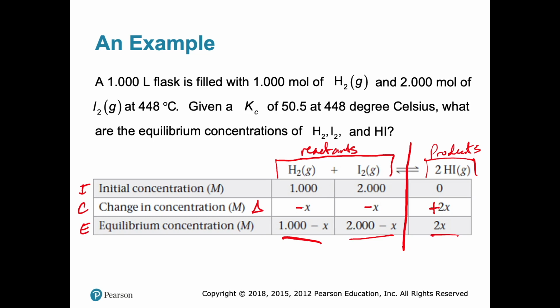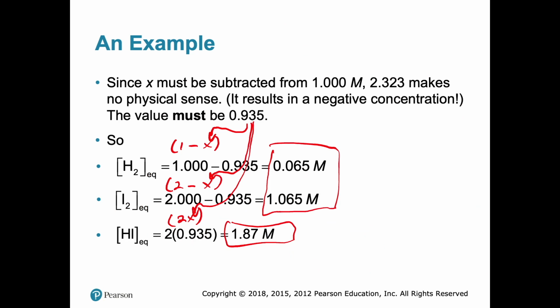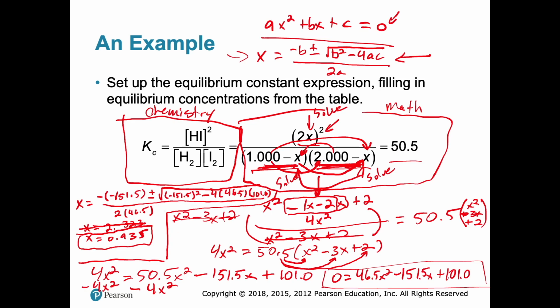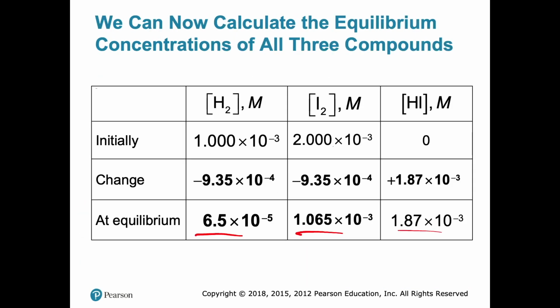You come over and do the quadratic equation, and then you get these answers here. And look at that number right there. It's actually of the same order of magnitude, 1.87. Isn't that crazy?